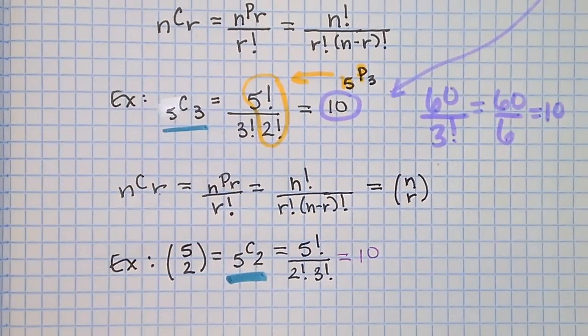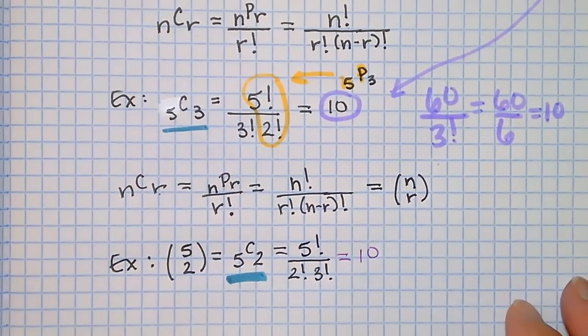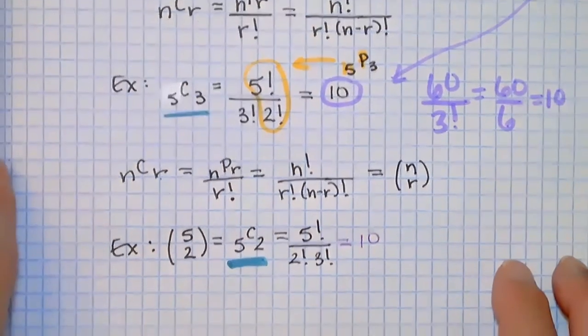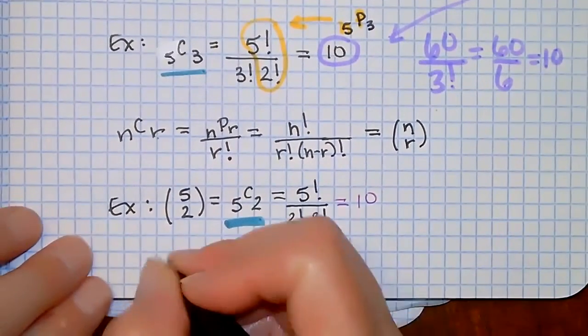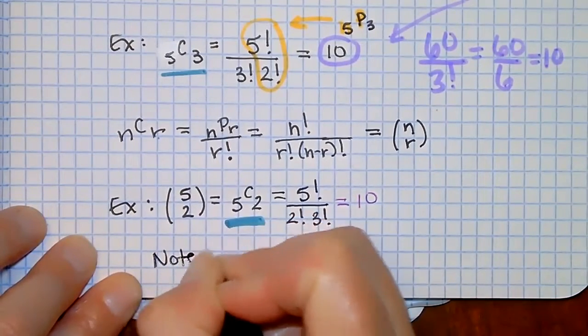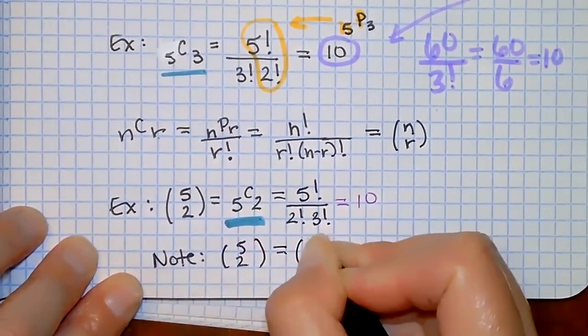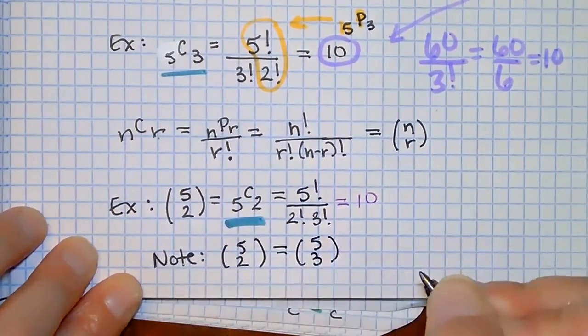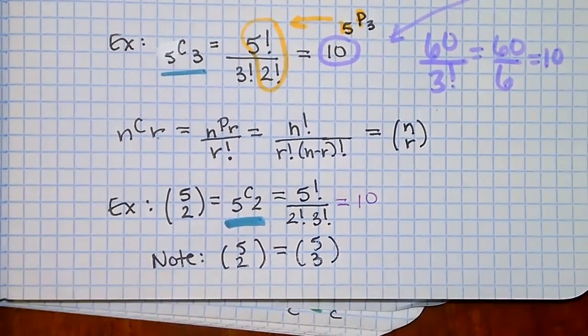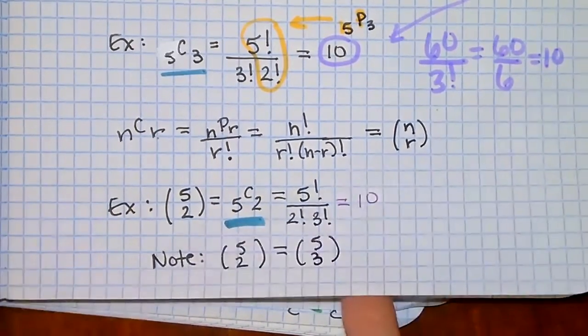So that's going to give me the following situation, okay? So let me just say here, note, 5 choose 2 is equal to 5 choose 3. Now, let me do one more example like this.